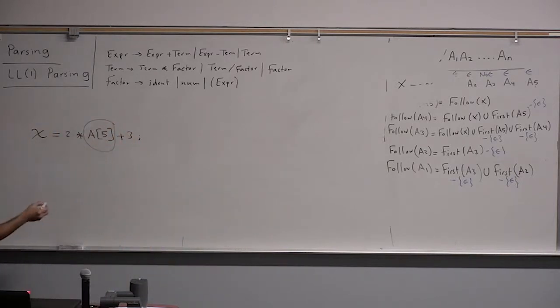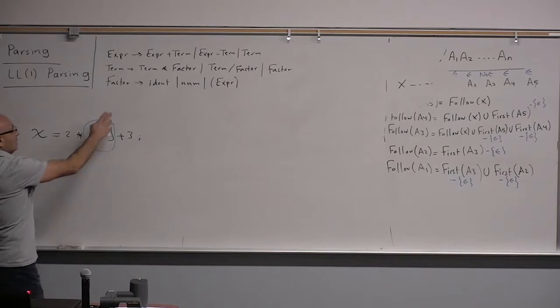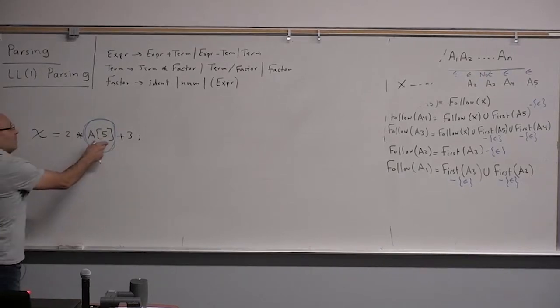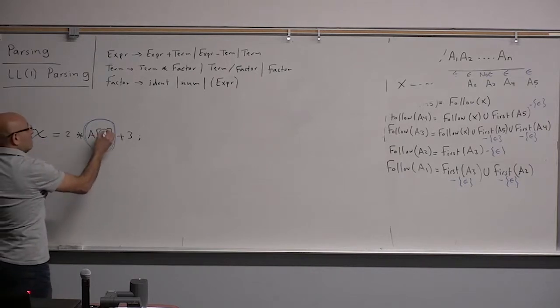So where does it fit in the grammar? Is it a term or a factor? It's a factor, not a term, because you can multiply by this array, and you can divide it. So it's treated like an identifier. It's like a variable name, but a variable name with an index. And inside of this, you can have an expression.